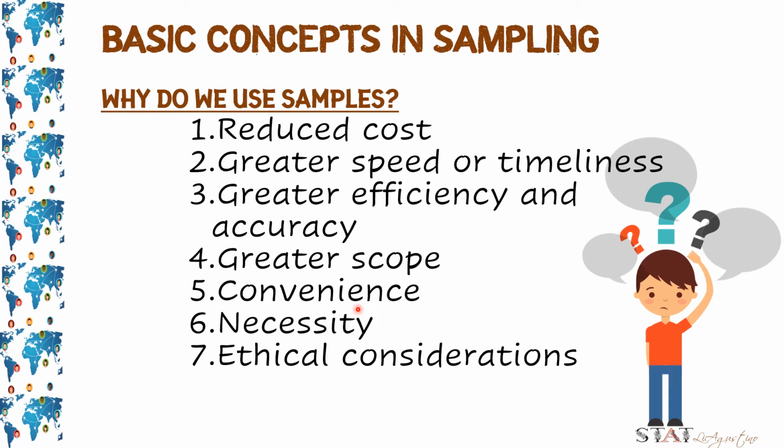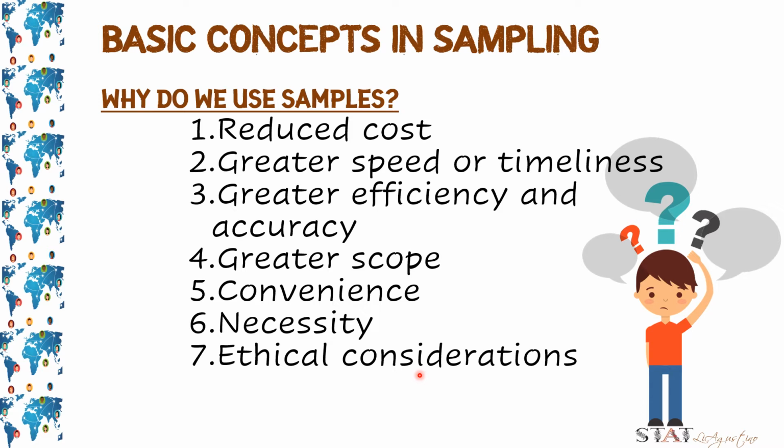And then greater speed or timeliness. For example, you will interview 500 instead of 1,000. Of course, given the same time, you can finish interviewing only 500 of them compared to 1,000. And then greater efficiency and accuracy, greater scope, and of course, convenience, necessity, and ethical considerations, especially for biology and agriculture.